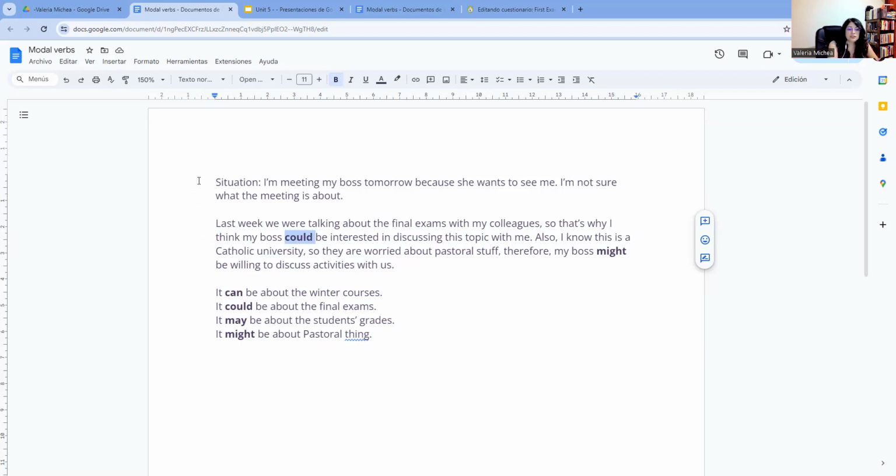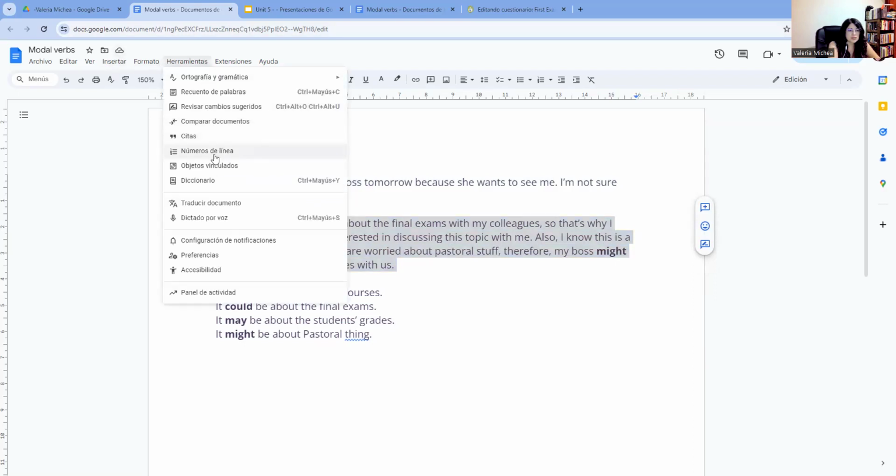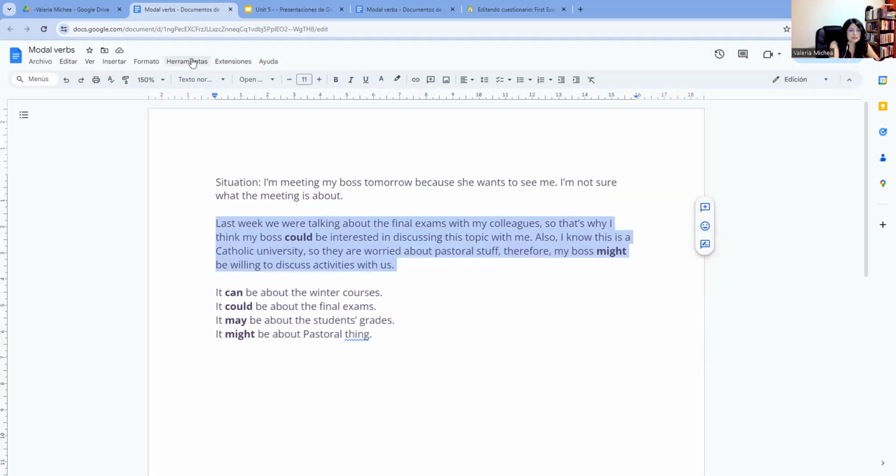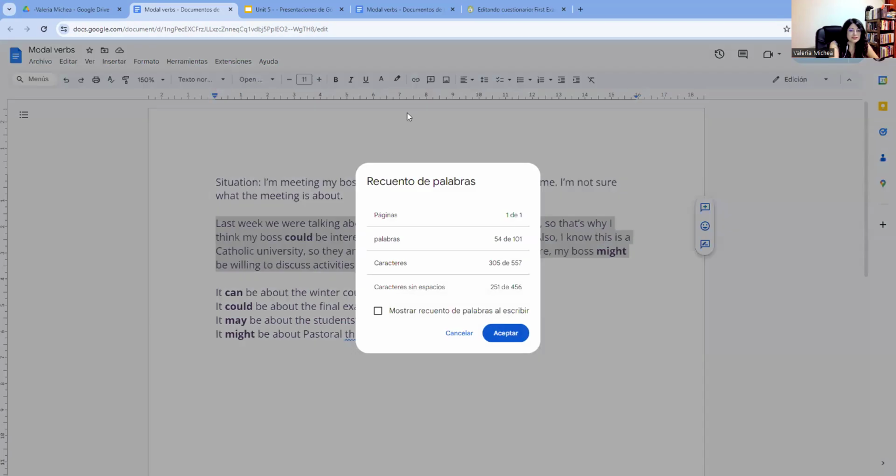What I'm going to be reading is the situation and the paragraph that you can put together. Also, there's the word count tool. I'm not used to using this in Spanish. Now I can see how many words I have. So if you want to keep track, maybe you want to write 100 words, that's perfectly correct. I want a paragraph, at least 10 lines.